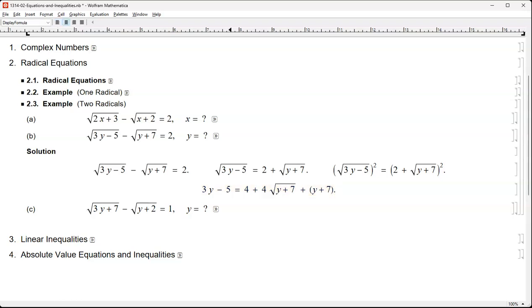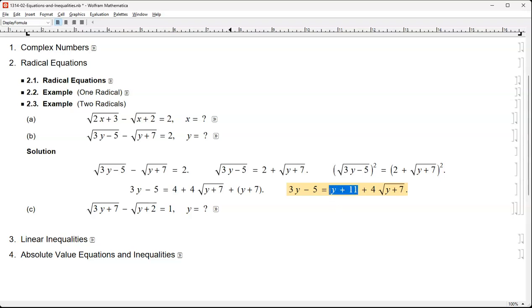Let's simplify further. 3y minus 5 is y plus 11 plus 4 square root of y plus 7. Did I do this right? 4 plus 7 is 11. We got that.